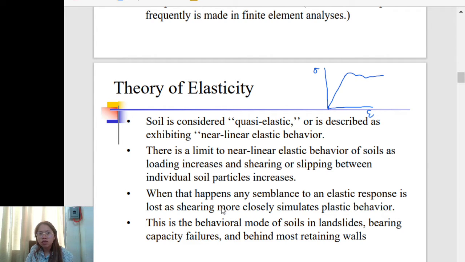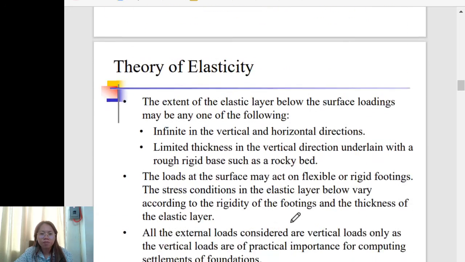Now that will cause landslide, or shearing failure is big, and that will cause failure or landslide of the soil.